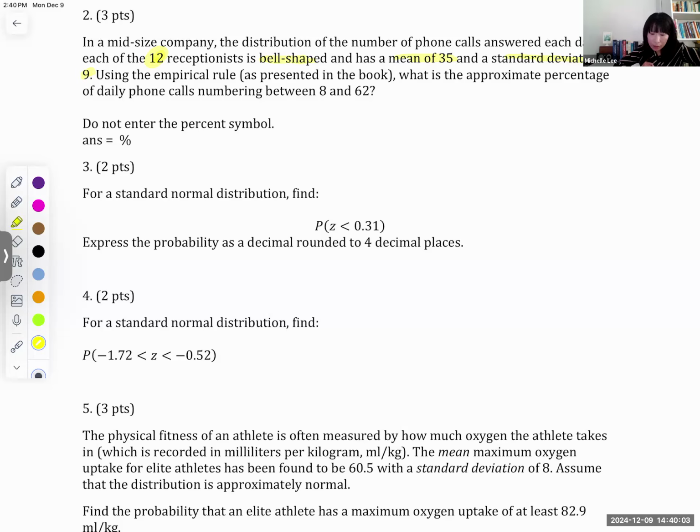All right, then using the empirical rule. I told you the empirical rule in StatCrunch is not accurate, right? It approximately gives us the right answer, but it's not 100% accurate.